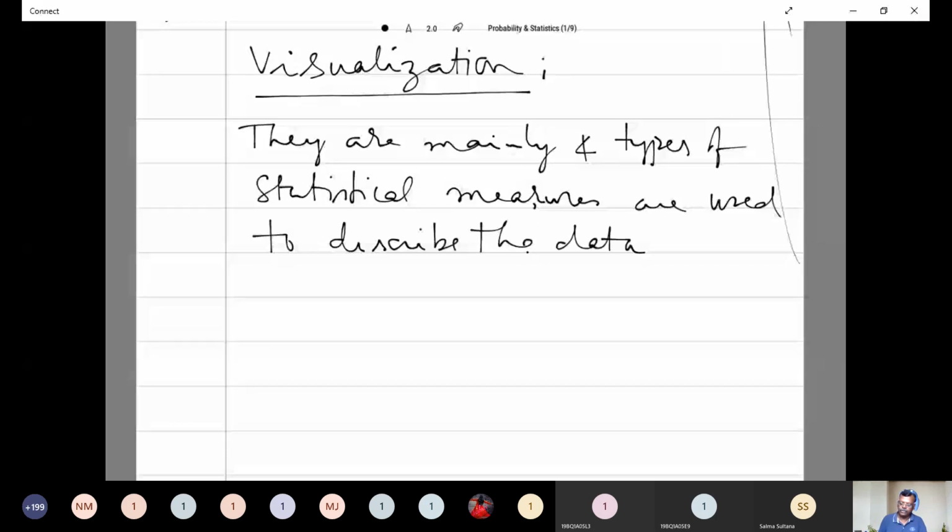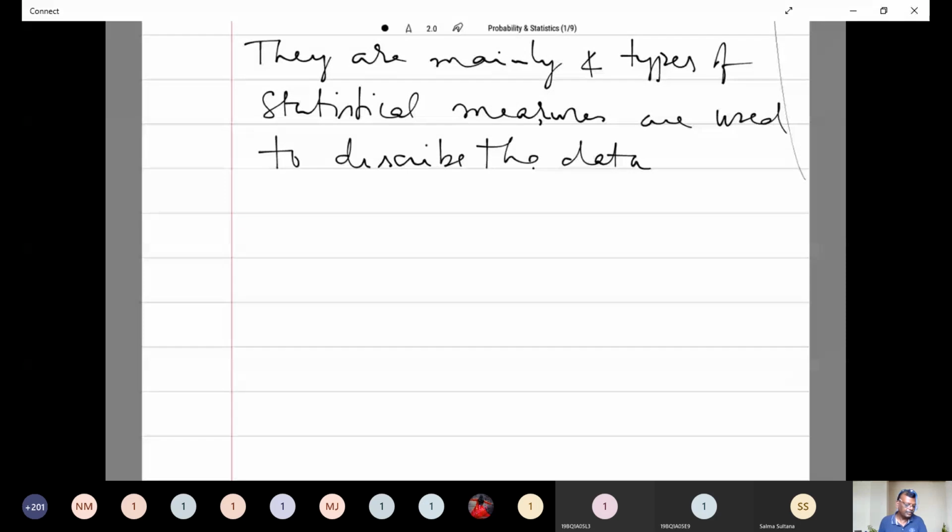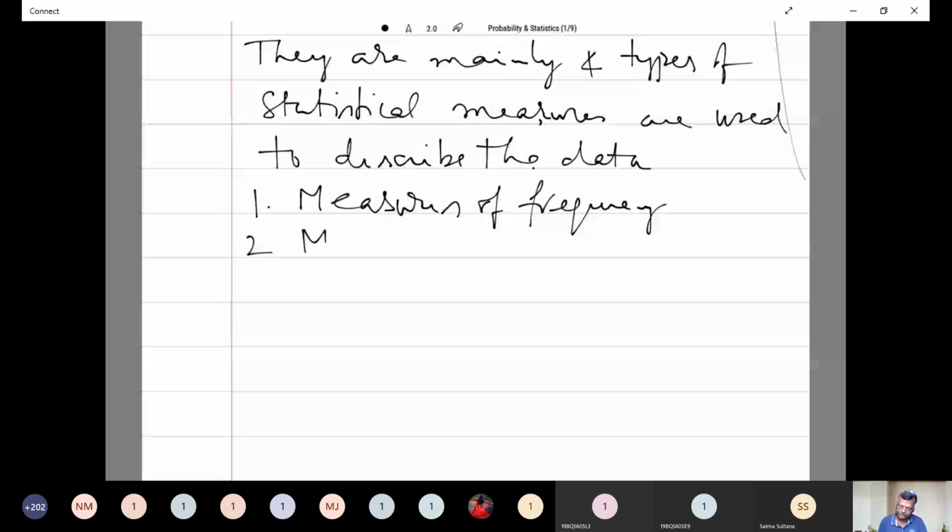Now, coming to what are they? Number one, measures of frequency. Number two, measures of central tendency.